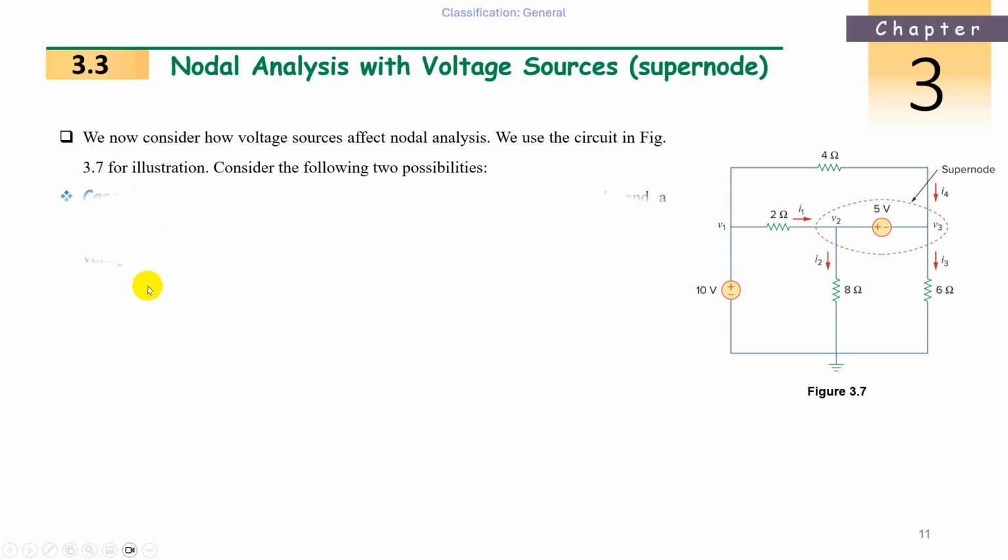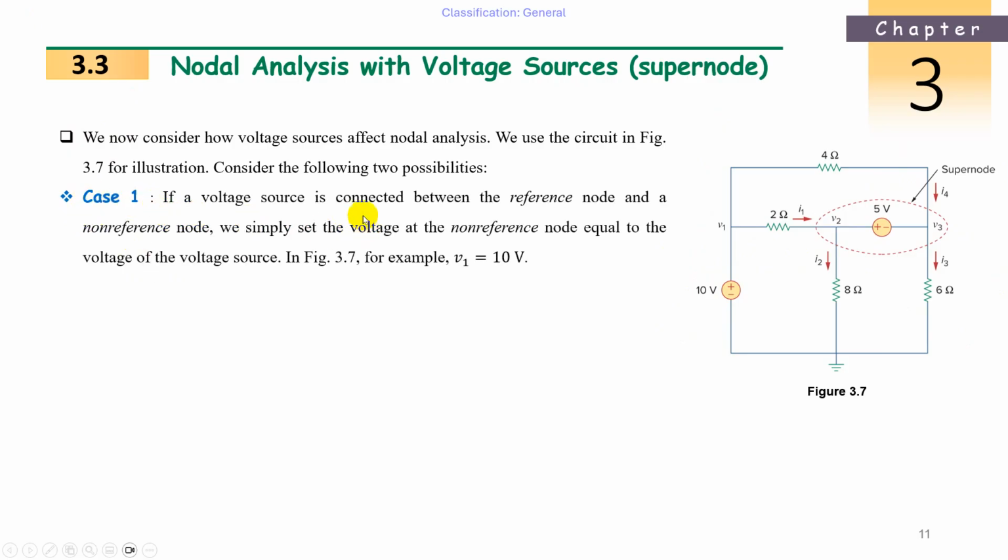Now case one: if a voltage source is connected between the reference node and a non-reference node, like the first node and the reference node, then we simply set the voltage at that non-reference node V1 equal to the voltage of the voltage source, the battery.